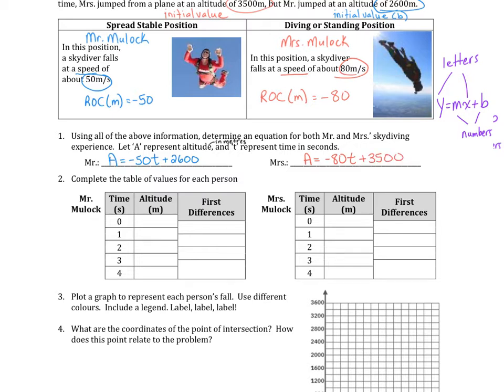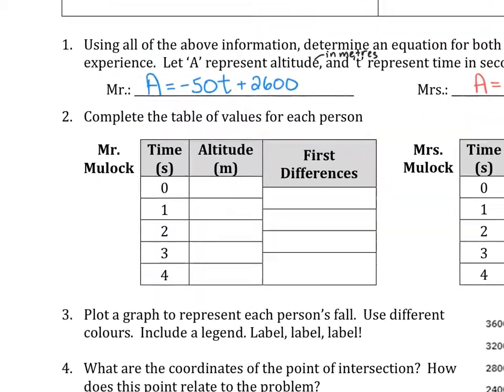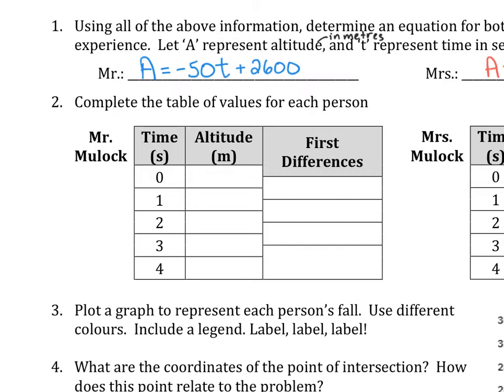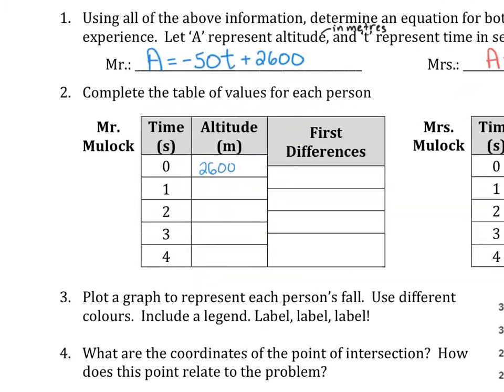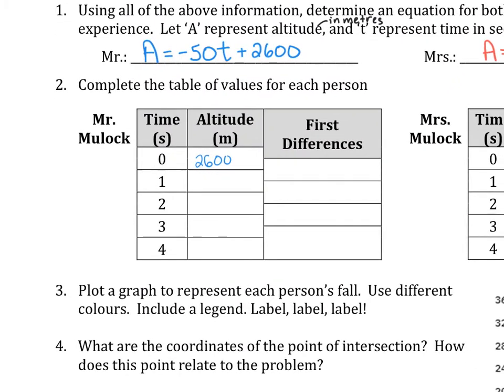Now we will make a table of values for each. So for Mr. Mulock, at the beginning, he starts at an altitude of 2,600. And after 1 second, remember the equation is negative 50t plus 2,600.